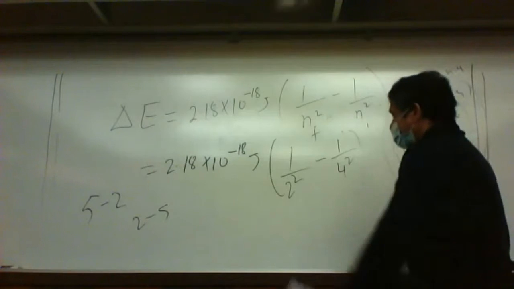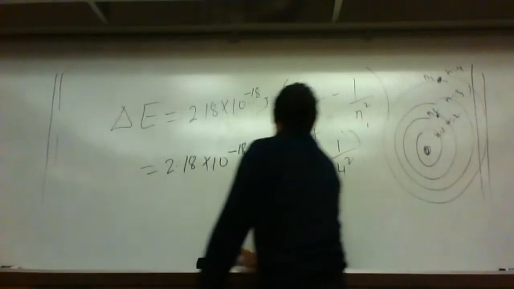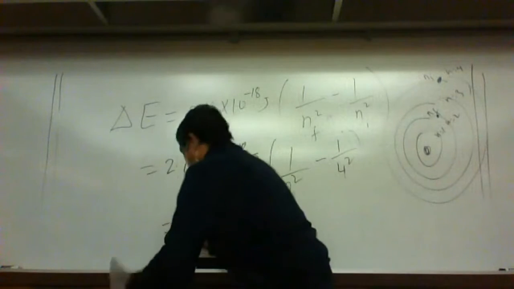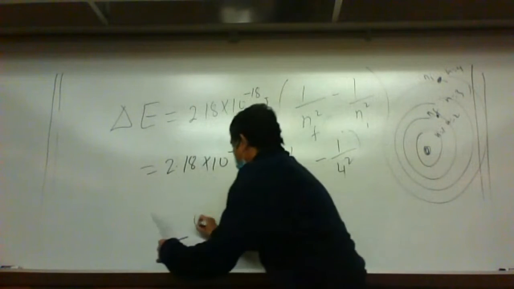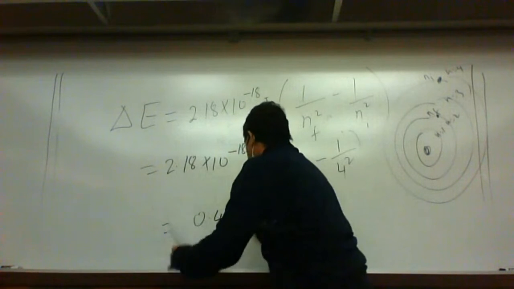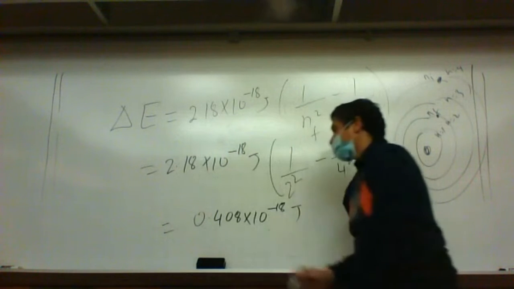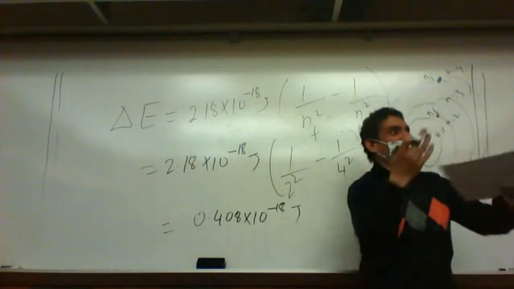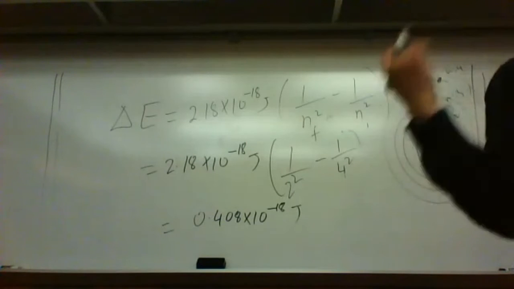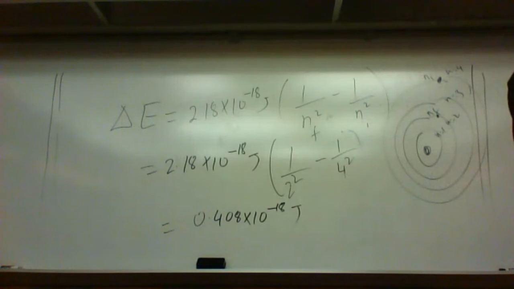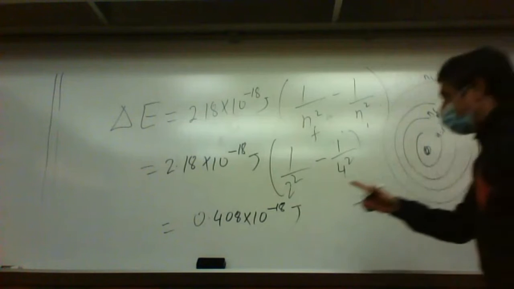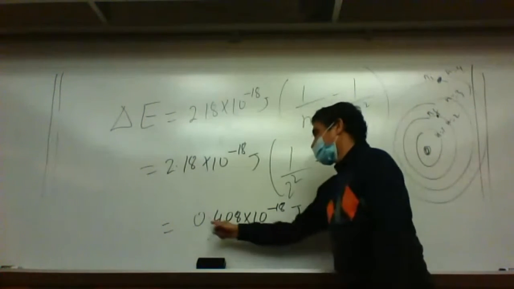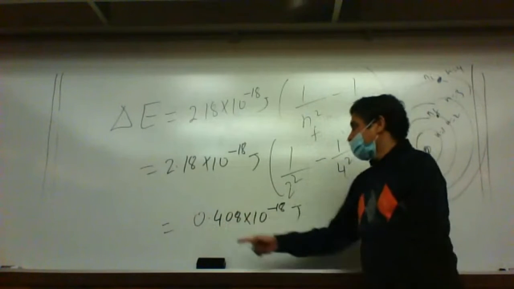Now how about the frequency? Let's see how much we got here. If the electron jumps from 4 to 2, how much energy does it release? If I calculate this, I get 0.408 times 10 to the power minus 18. In the book they might write 4.08 times 10 to the power minus 19, but I find it a little harder working that way, so I always put 10 to the power minus 18 and write whatever the calculator gives as the front number.